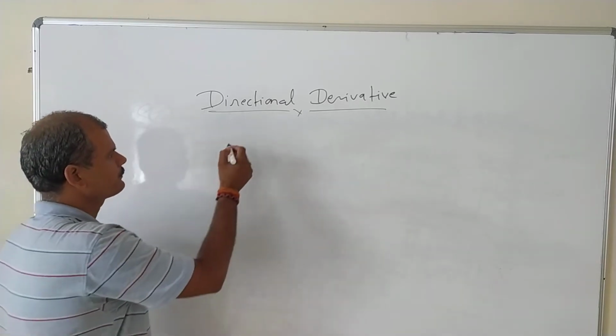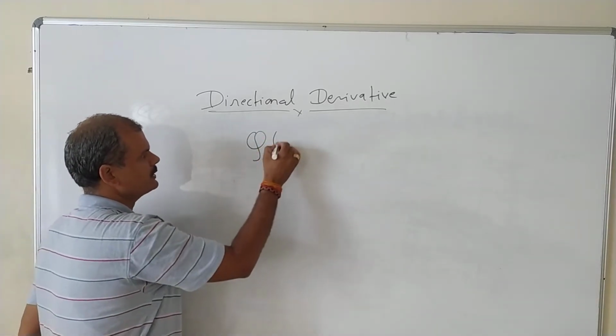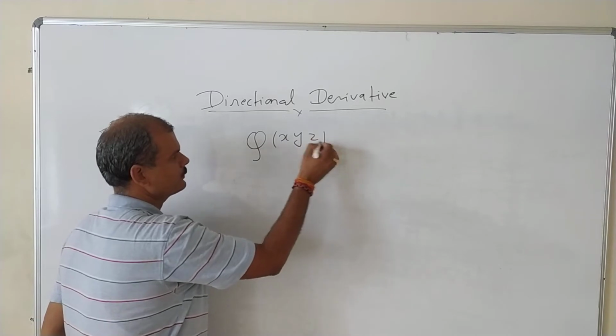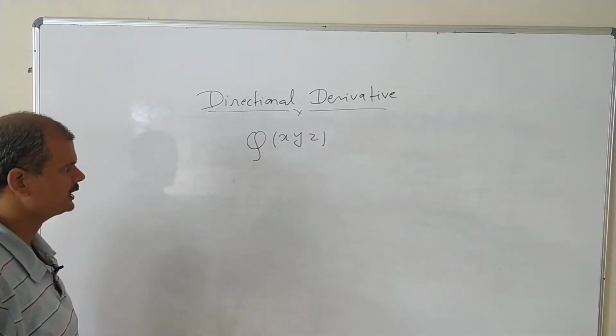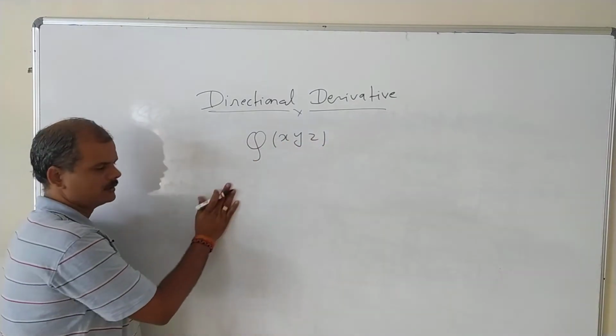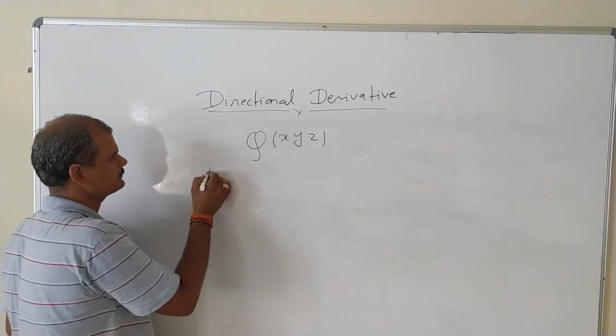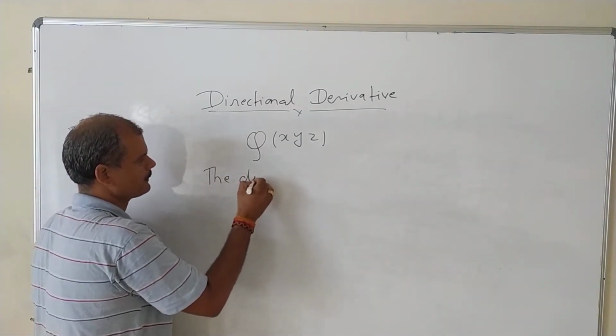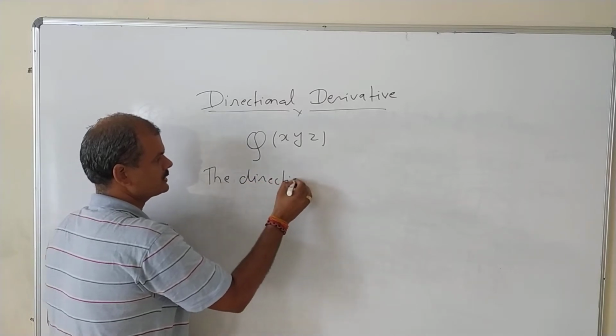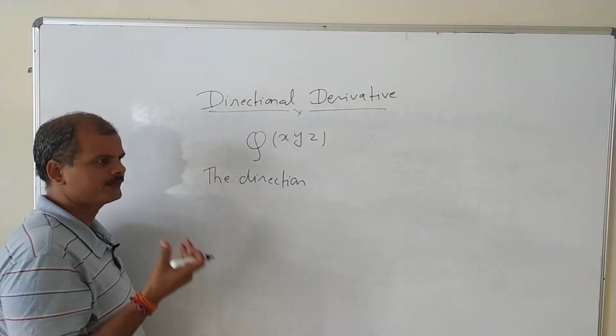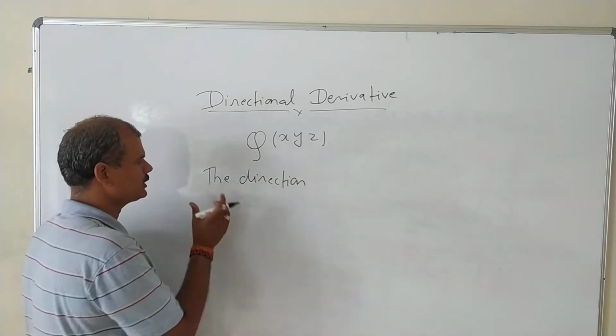Okay, so let phi be the given scalar. This scalar we want to differentiate in some particular direction.